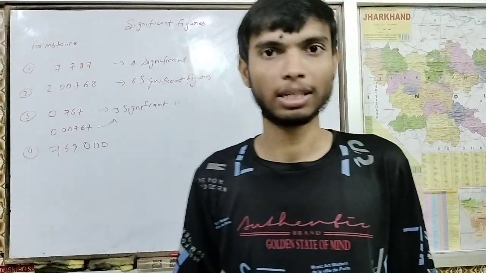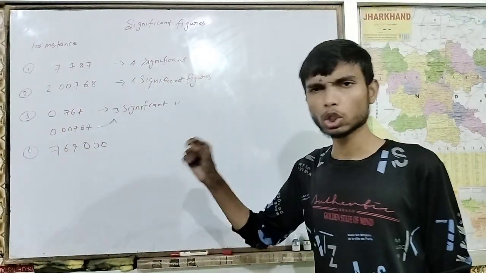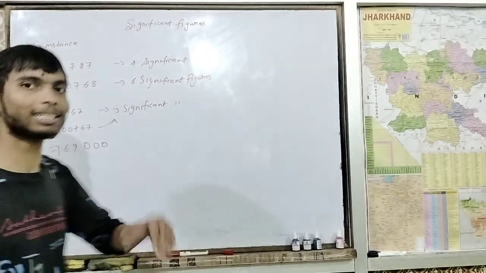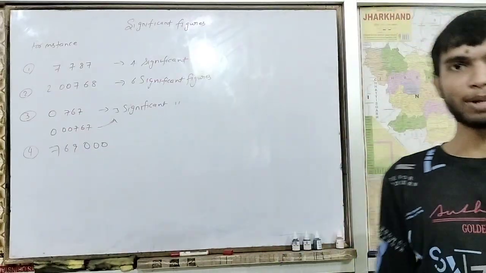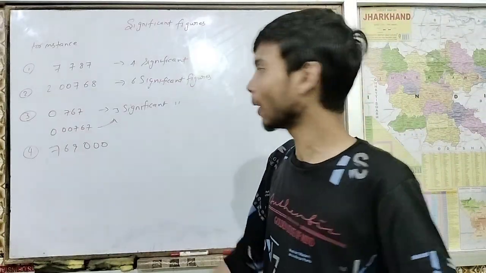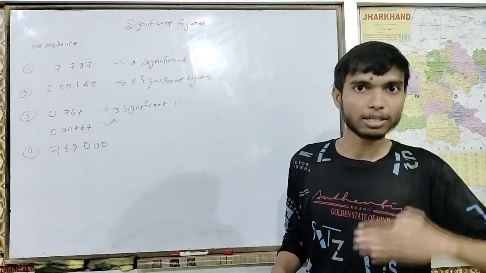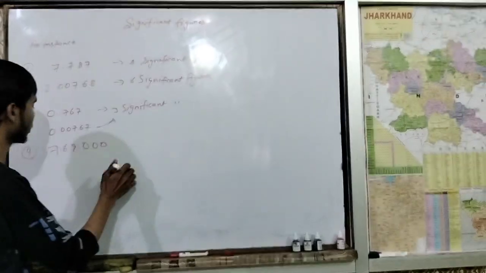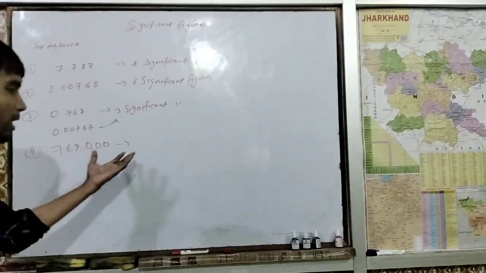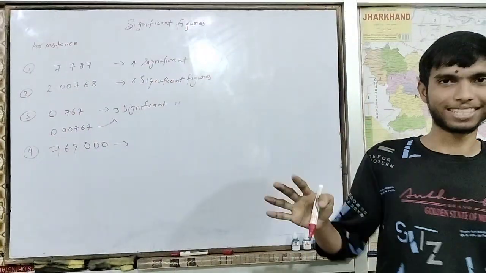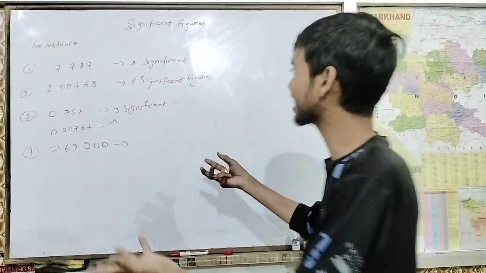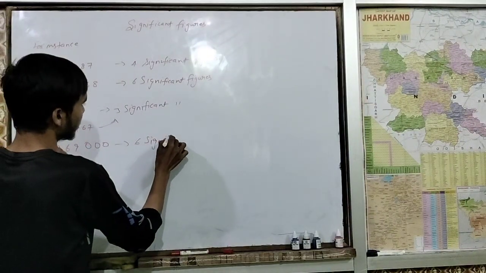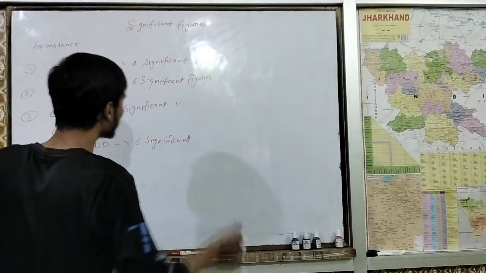No, these are valid. This rule says that if zeros are coming at the end, not at the beginning, then those zeros will be counted as significant numbers. If zeros are coming at the beginning, then in that case these zeros will be ignored. Clear? So here we have 6 digits, and 6 digits are nothing but 6 significant figures. You can do it.